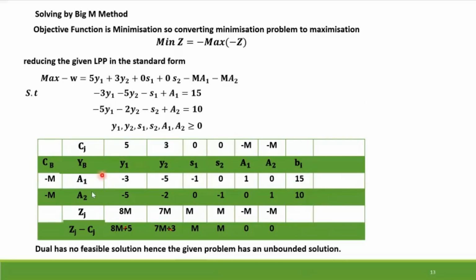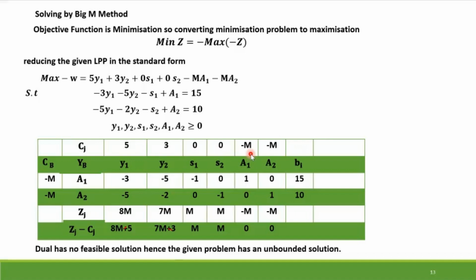Okay? The dual has no feasible solution, or the dual has a pseudo-optimum solution, but hence the given problem will have an unbounded solution. Even if you solve the given LPP using the simplex method, you will get an unbounded solution.